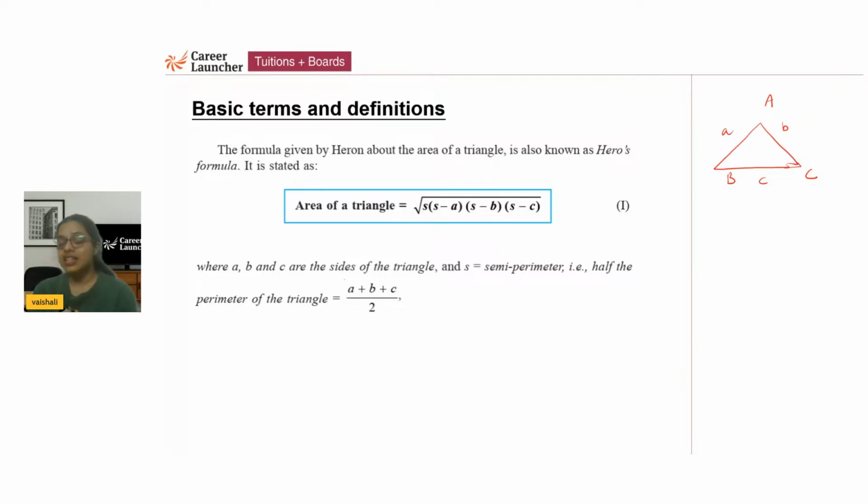So first step is to calculate something called the semi-perimeter or small s. So small s is equal to the sum of all the sides. हमने क्या assume किया है? a plus b plus c, and जो भी result आएगा आपके पास उसको divide करना पड़ेगा 2 से.